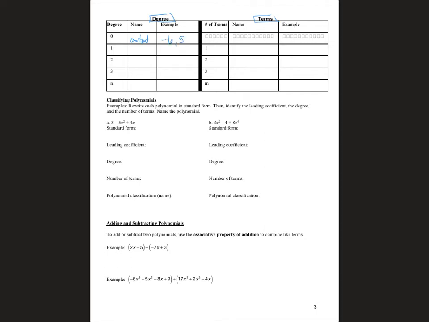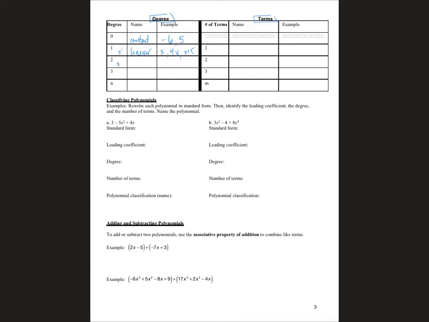If I have a 1st degree term, then I'm thinking, for example, x to the 1st, and we would call this a linear term. So x, 4x, x plus 5, those would all be linear. The highest power of x is 1.